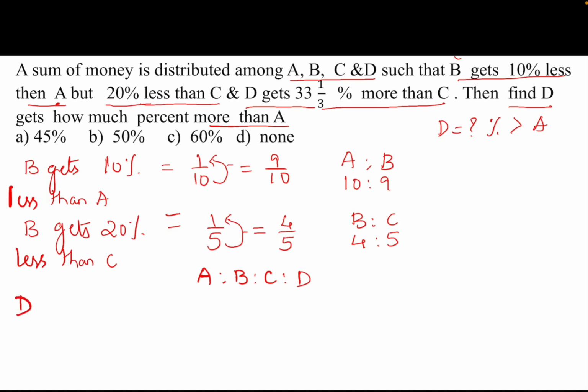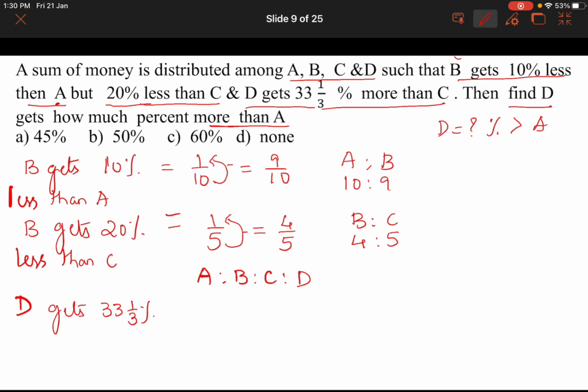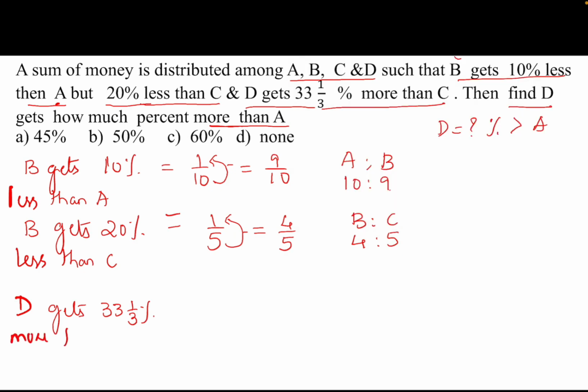D gets 33 1/3% more than A, more than C, sorry. Then 33 1/3% in fraction form we can write as 1/3. Now if C is 3, D is getting 1 part more than C, that is 3 plus 1 is 4. So 4/3. So now we can combine the ratios.